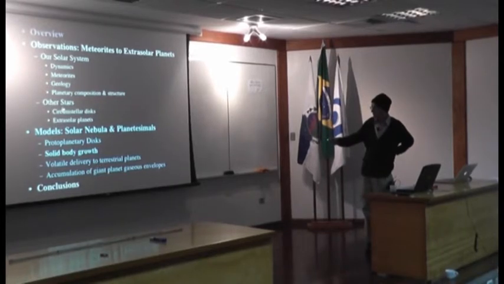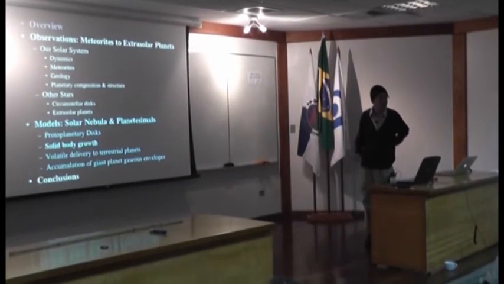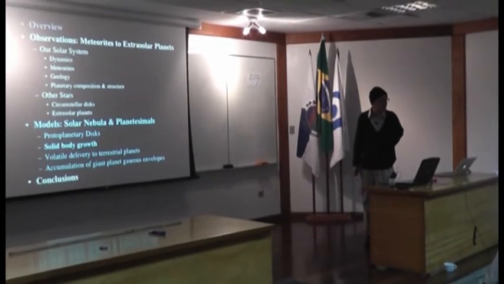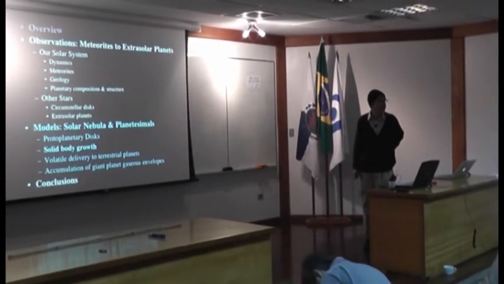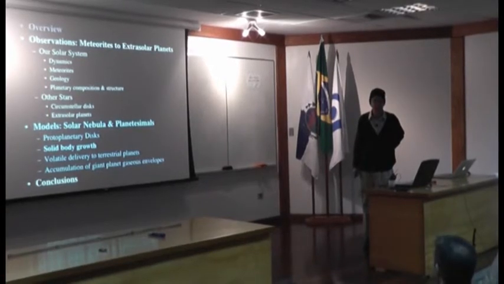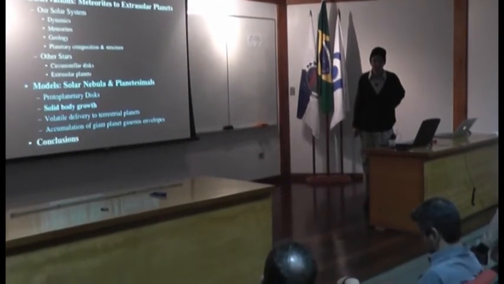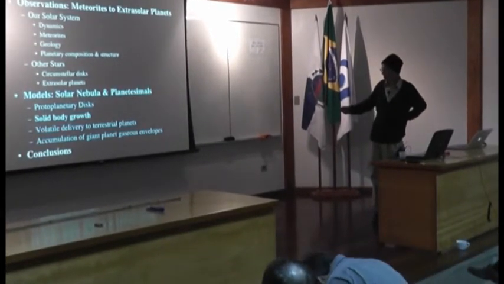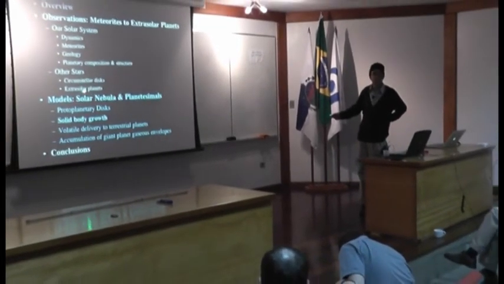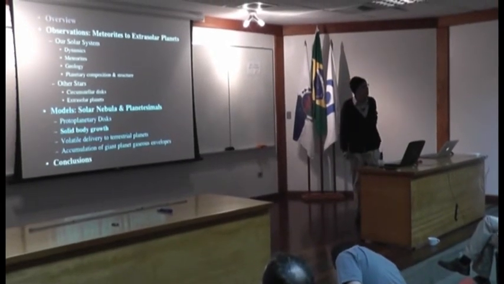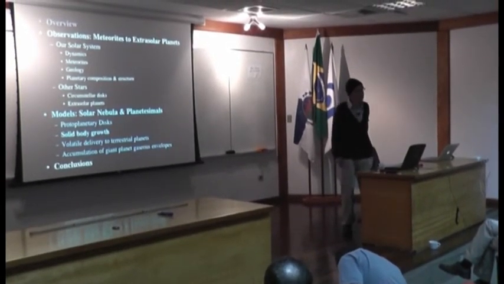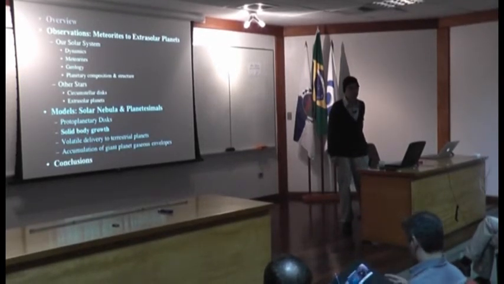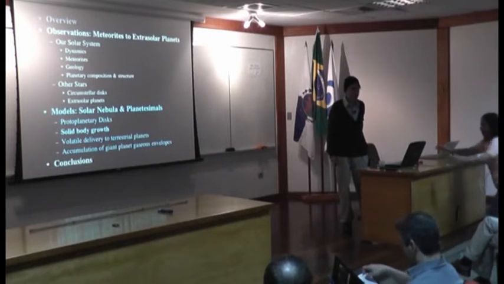There are some from circumstellar disks, and that includes the chemical aspects that Ted was discussing this morning, and I think we'll finish up talking about tomorrow morning, and physical aspects, extrasolar planets. I will summarize those assumptions today, but then I'll go into much more detail about them tomorrow.